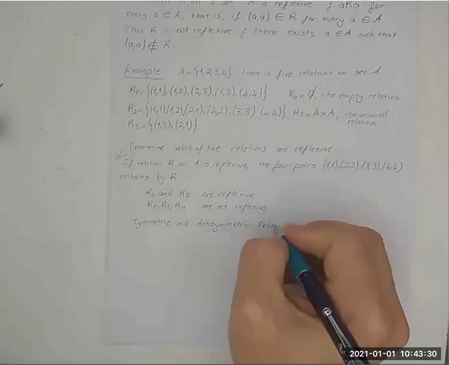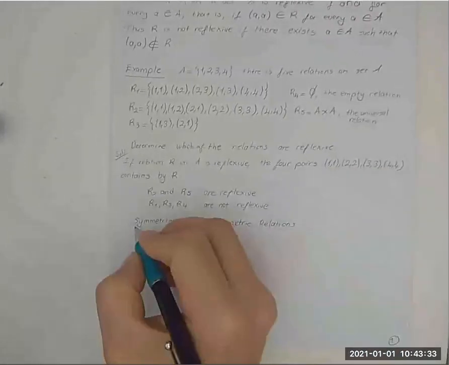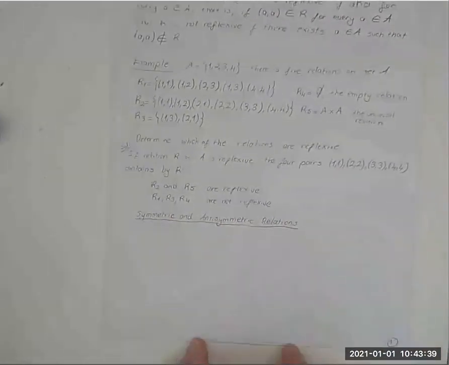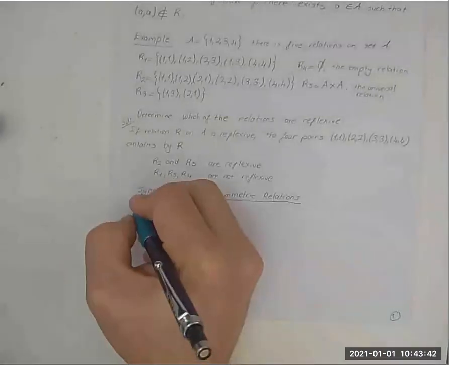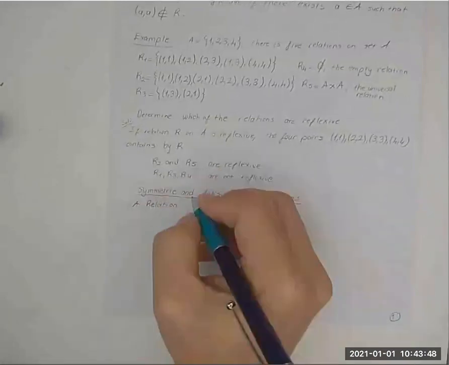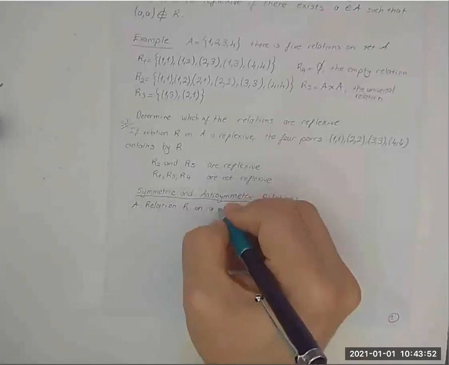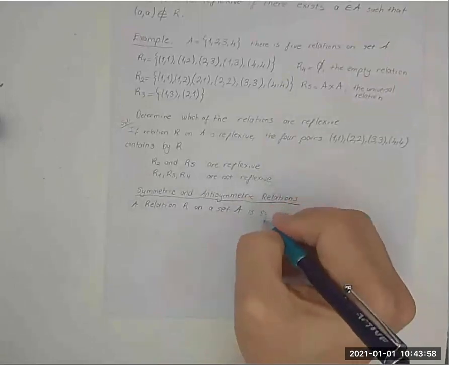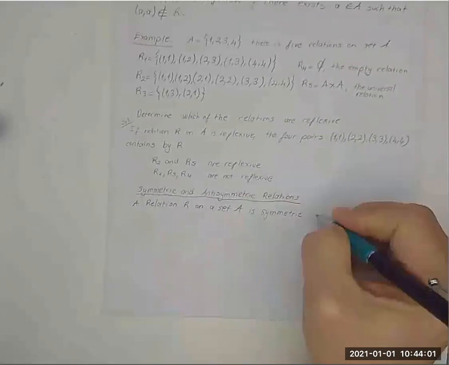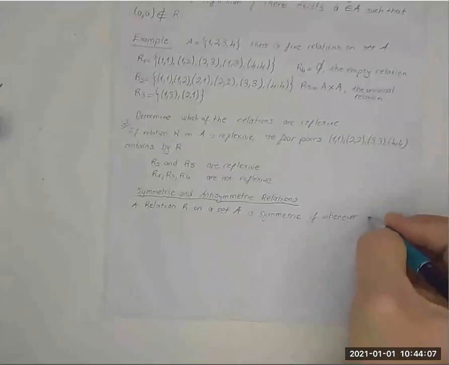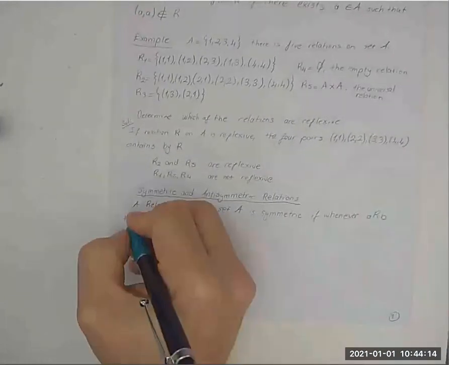Okay, next one, symmetric and antisymmetric relations. Let's write the definition.